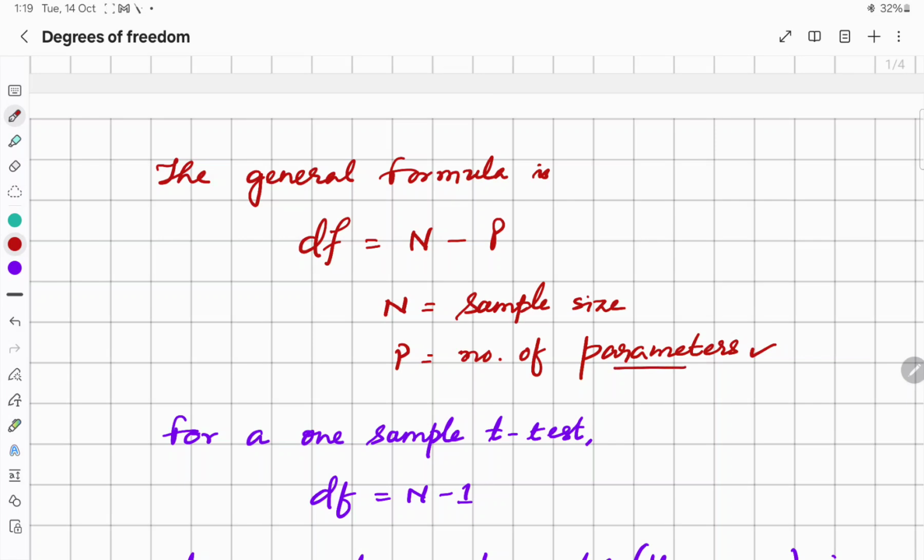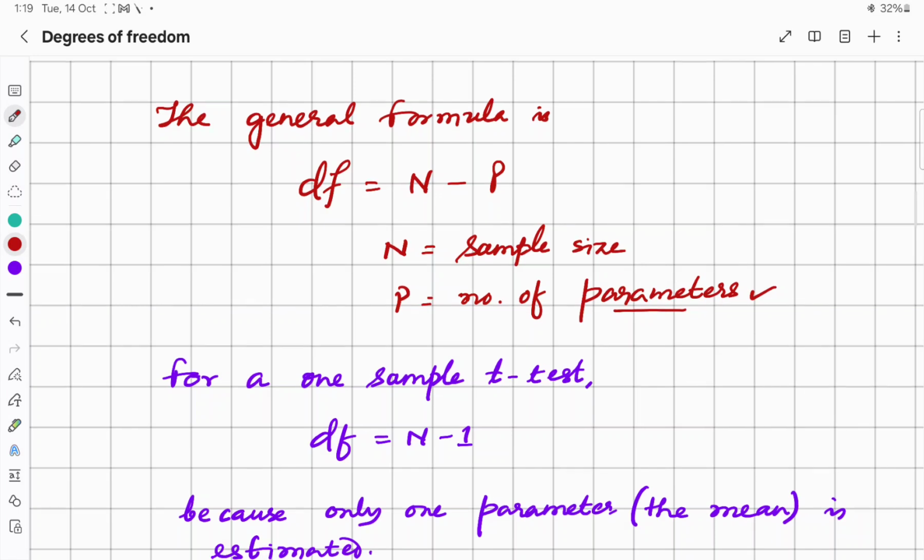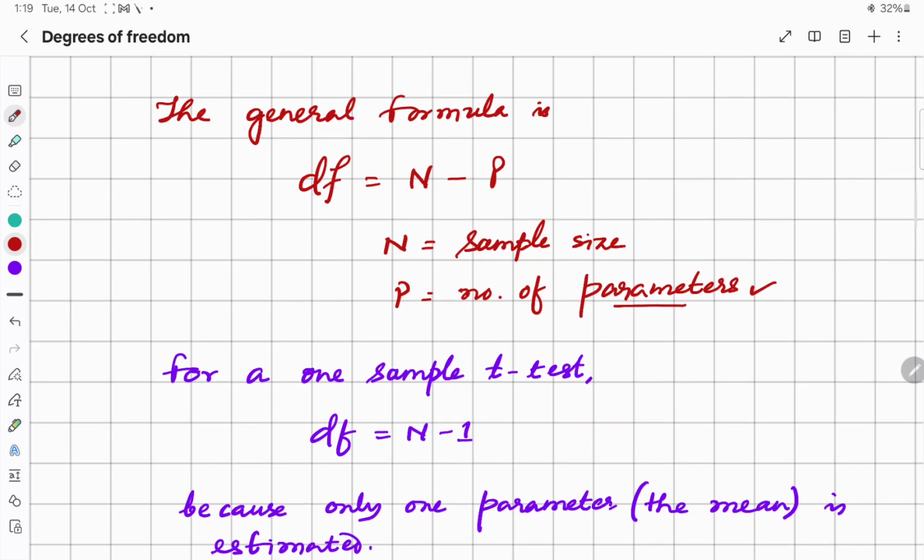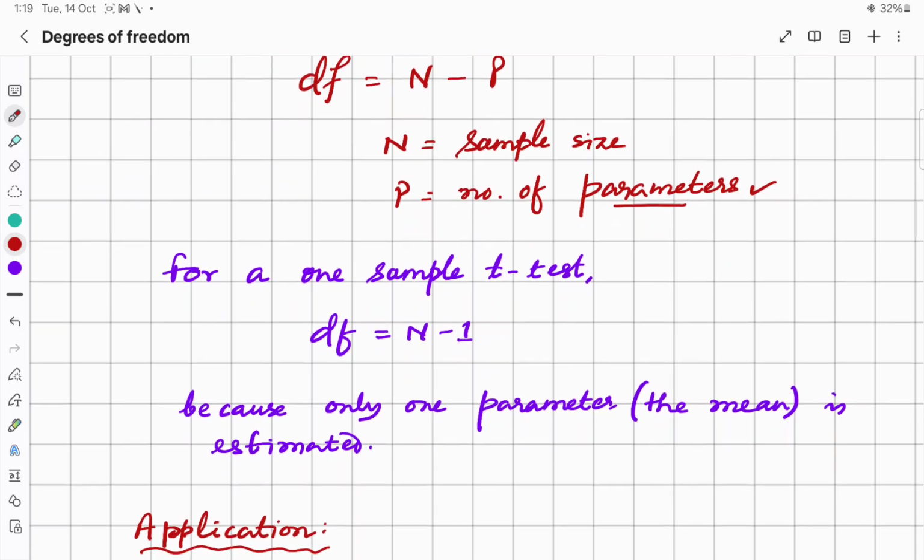Parameters like mean are usually used. So what is the parameter we have taken? How many parameters we have taken? Suppose for a one sample t-test, the degree of freedom will be simplified as n minus 1, because only one parameter, that is the mean, is estimated.